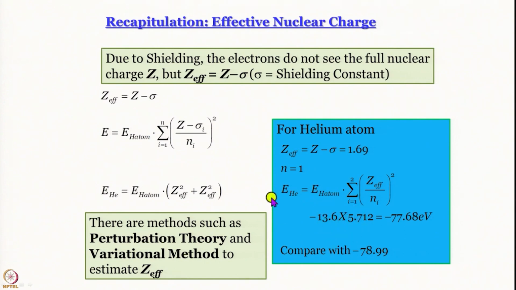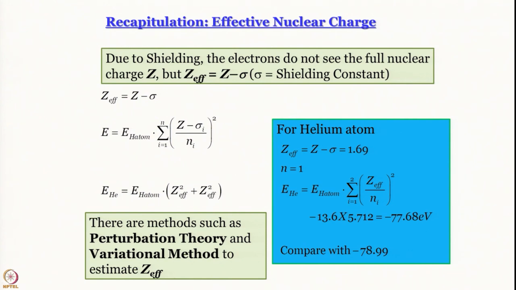Alright. With that, we had shown you a calculation in which, incorporating the shielding constant, we get the value of the ionization potential or the energy of a helium atom, which is more or less close to the actual experimental value. Okay. So, that is what we had got.